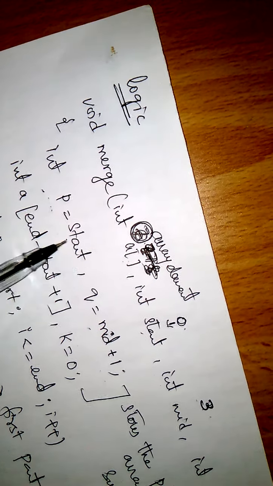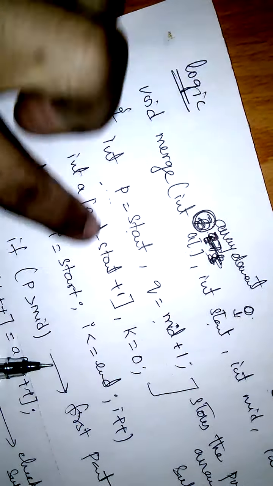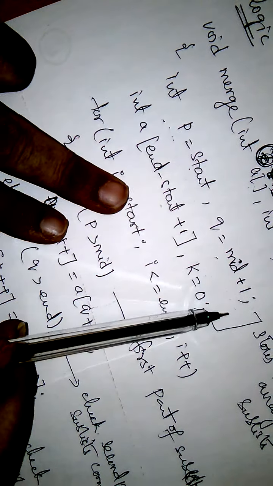Now, by using these variables, I store the positions of the sublists. Mid plus 1 means the second sublist, once we get the mid value.